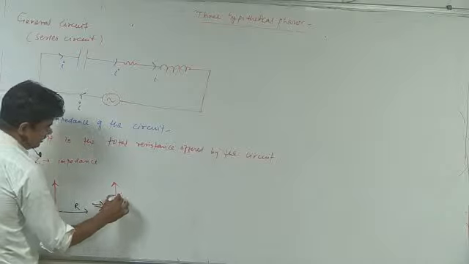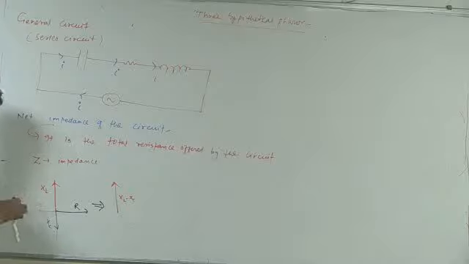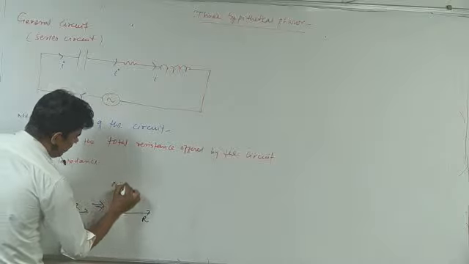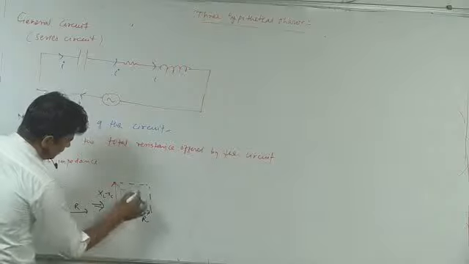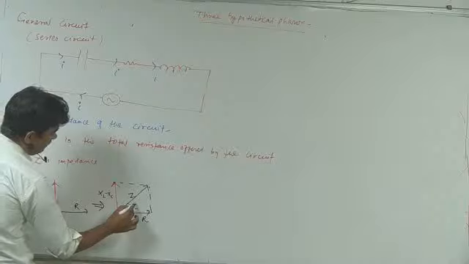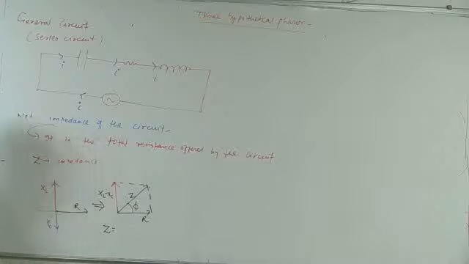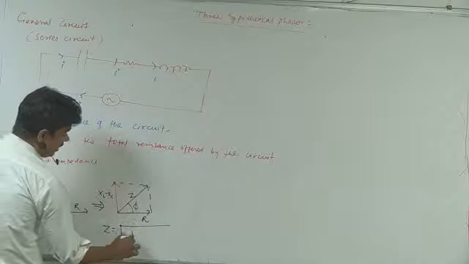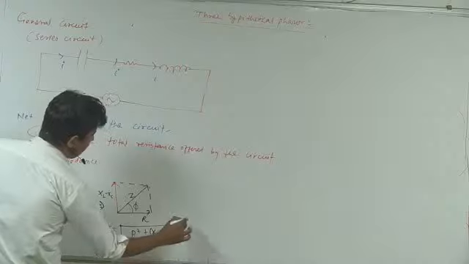So this will become XL minus XC, assuming XL is greater than XC, and this will be R. Resultant of these two will be Z. This angle will be phi. So what is Z here? Root under R square plus XL minus XC of whole square.